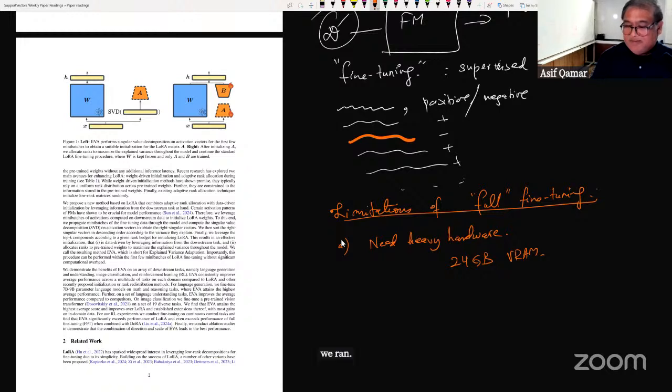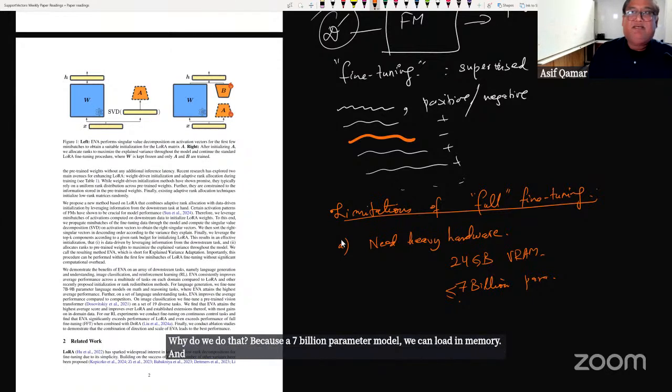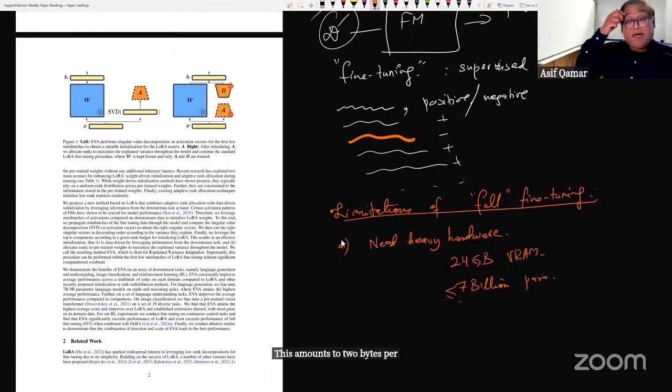Which is why it is very common for us to play with 7B or less than 7 billion parameter models. Why do we do that? Because a 7 billion parameter model, we can load in memory, and if we use 16-bit floating point operations, this amounts to 2 bytes per parameter.